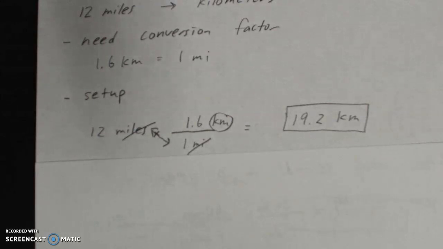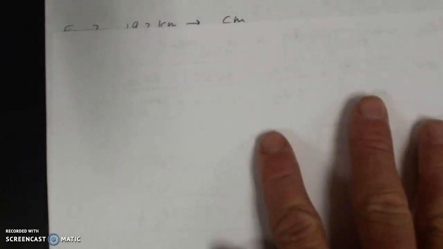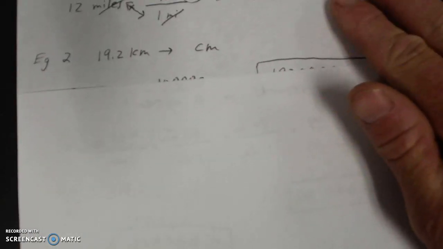Let's go a step further and look at an example, kind of piggybacking off of this example. We'll start with 19.2 kilometers, our answer, and let's see what that would be in centimeters. So we can use dimensional analysis for conversions between English and metric, but also within metric.